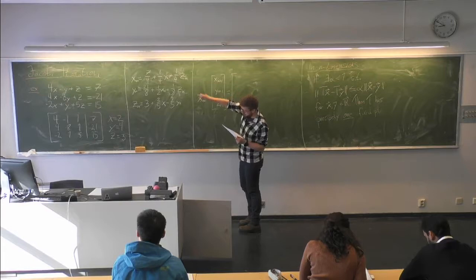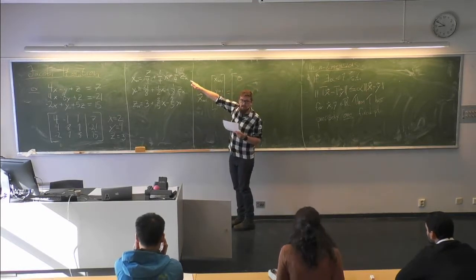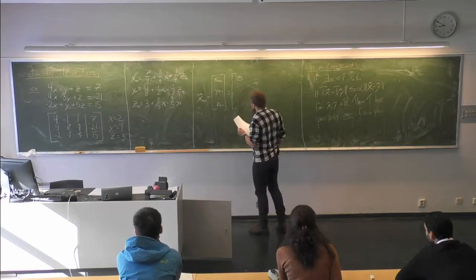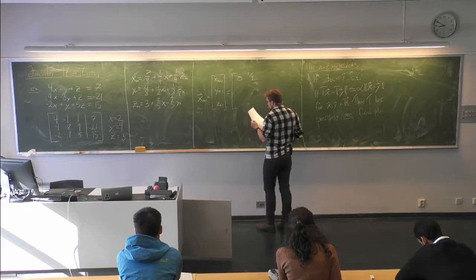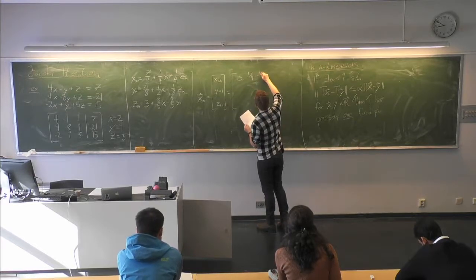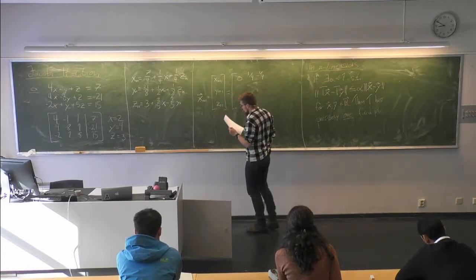Now we can just use the coefficients here. In the first row we have 0 x's, 1/4 y, and minus 1/4 z.